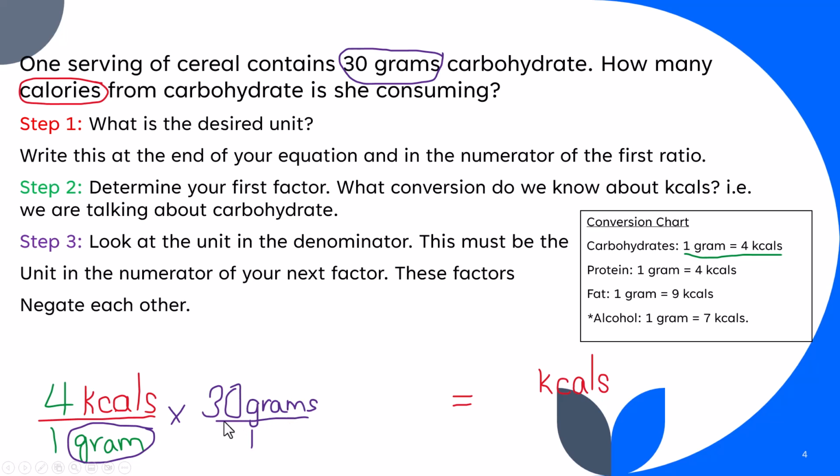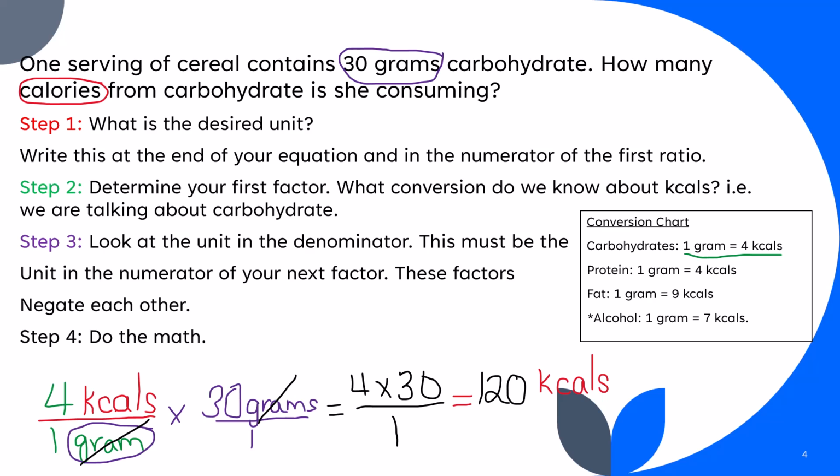These factors negate each other, so we cross them out. And that leaves us just with calories, which is what we want in the end, right? Then we do the math. 4 times 30 over 1 equals 120 calories. So the answer is 120 calories.